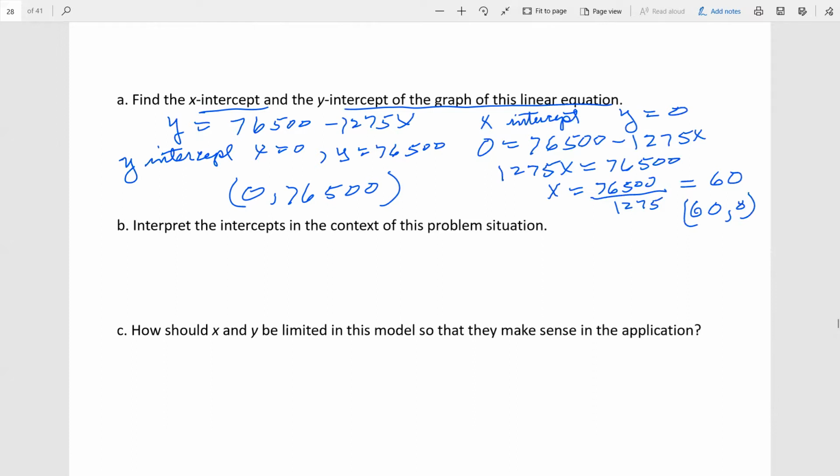Now, let's interpret the intercepts in the context of this problem. The y-intercept, which is (0, 76,500), is the starting loan amount.